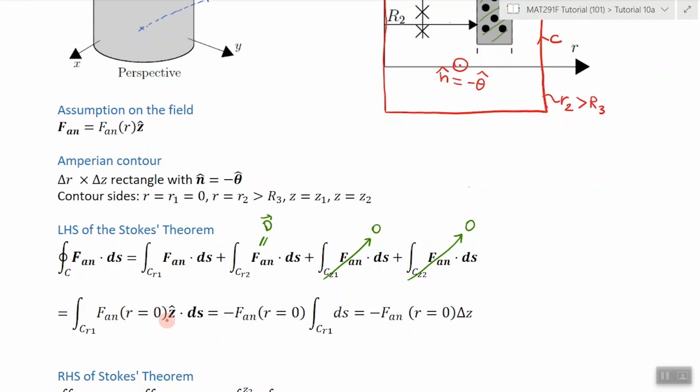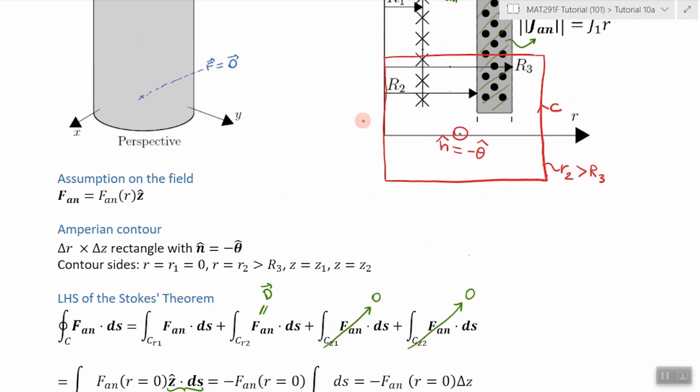Then the thing I do next is this. I use the fact that my ds on this contour is downwards, and z hat is upwards, so they're in the opposite direction. So the dot product is going to be equal to negative ds.